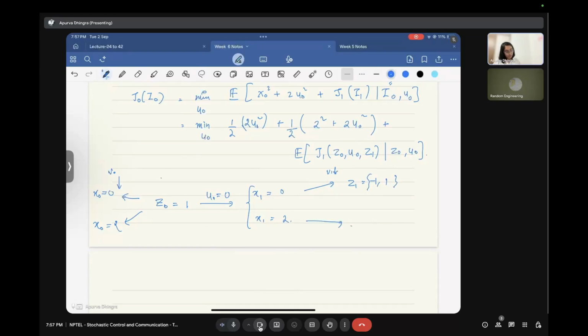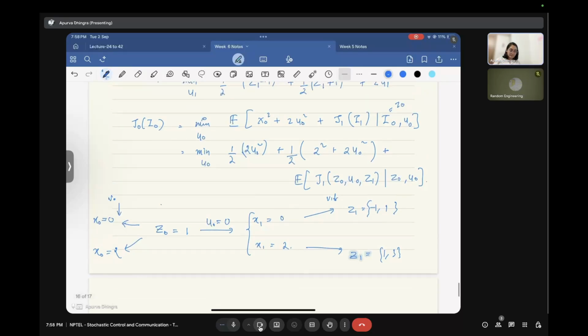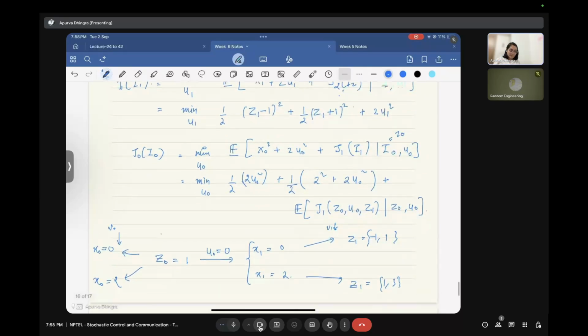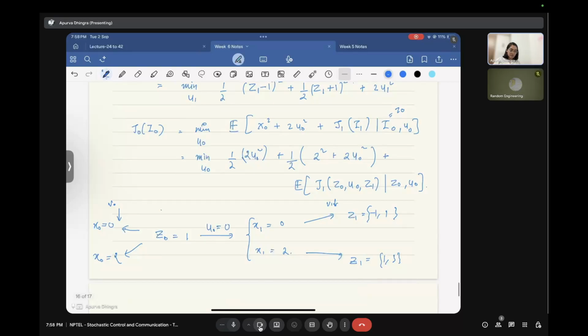And here the possibility would be Z1 could be 1 and 3. So we need to look at all of these cases. Now notice the probability of having any of these, because of the simplicity of this problem, all of these are just with probability 1/4.